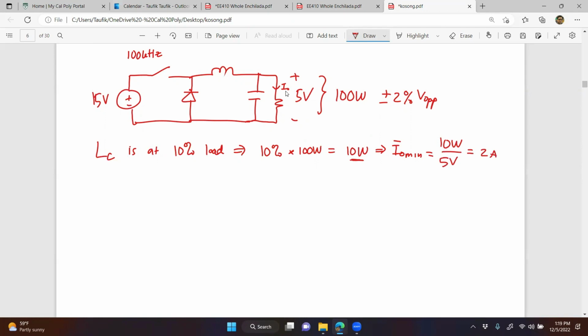So now I know that the critical inductance is found at 2 amps, meaning the boundary conduction mode occurs at 10% load. So if I were to draw the inductor current, it will look something like this at 10%.